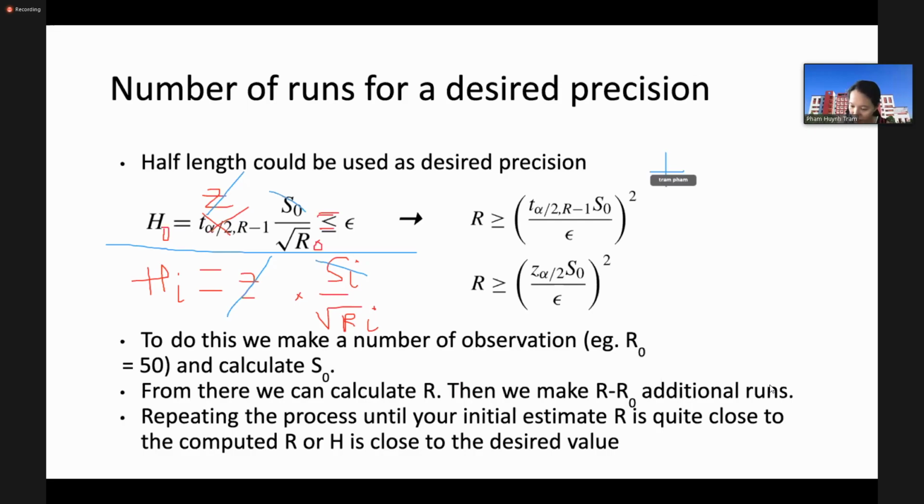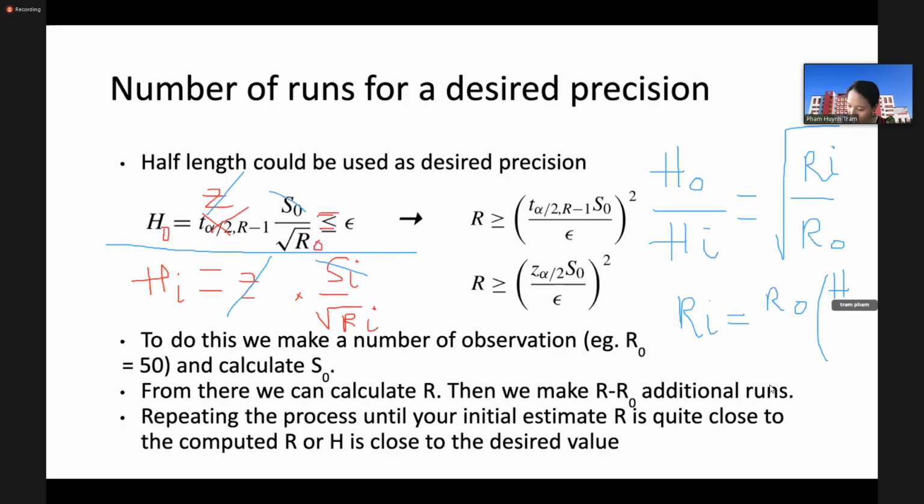We have this ratio equal to the square root of Ri over R0. Put another way, we would have Ri equal to R0 multiplied with the ratio of the half widths, squared.